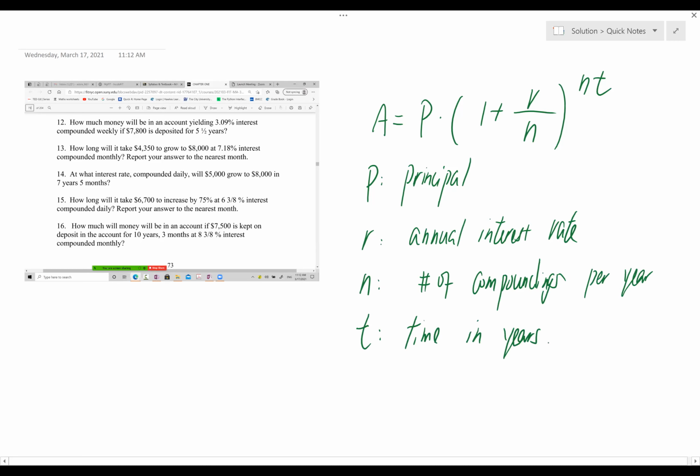So basically we're just learning one formula. This is the main formula we focus on in dealing with compound interest.